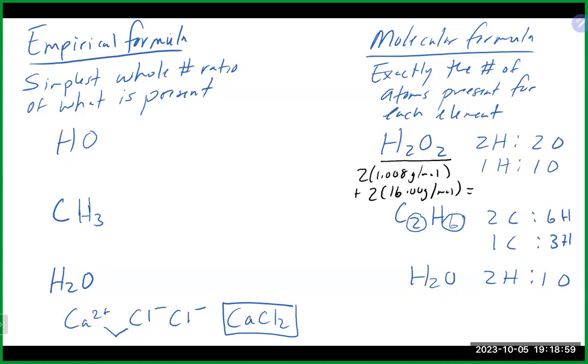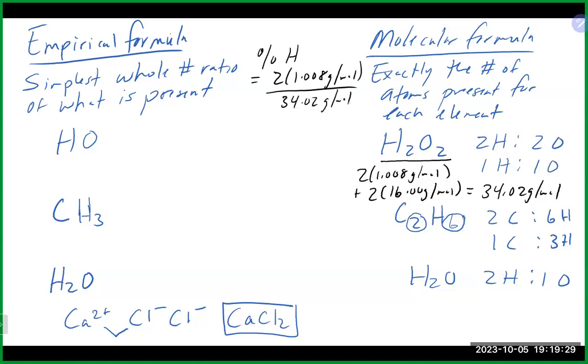That will give us a molar mass of this particular molecular formula of 34.02. So the percentage of hydrogen in H2O2 is 2 times 1.008 grams per mole divided by 34.02 grams per mole times 100%.